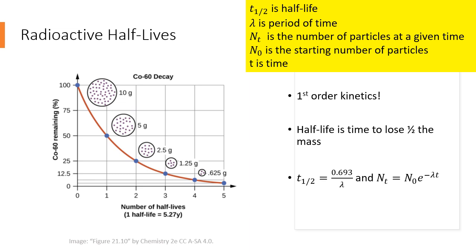So we have a relationship between both the number of particles and the time it takes to decay, and also our rate of decay and how long it takes to go down by half. So we're going to use those in calculations.